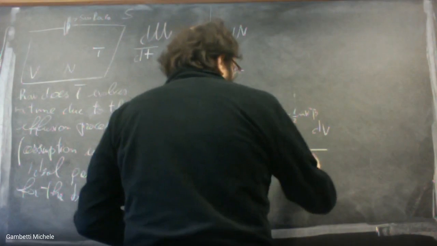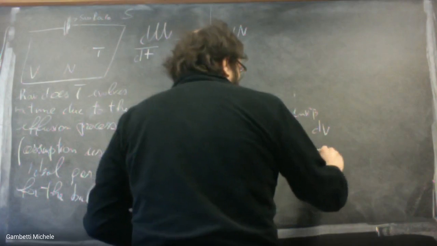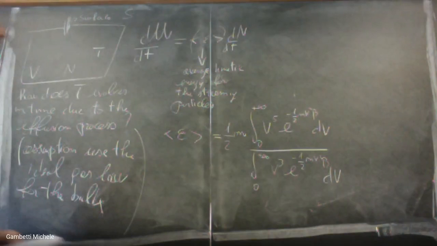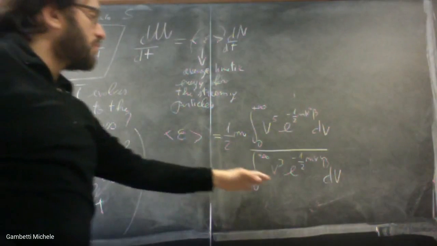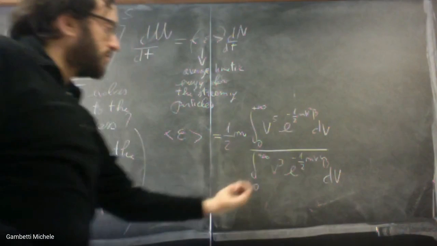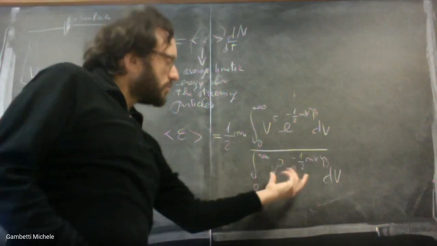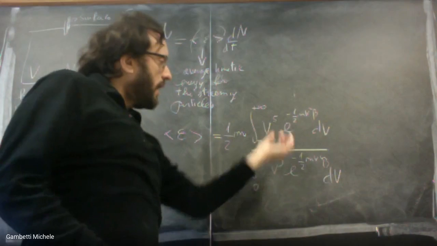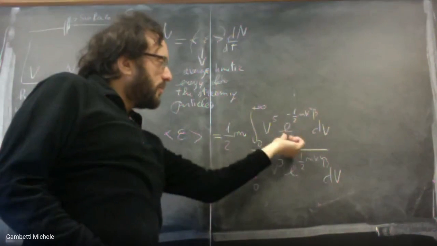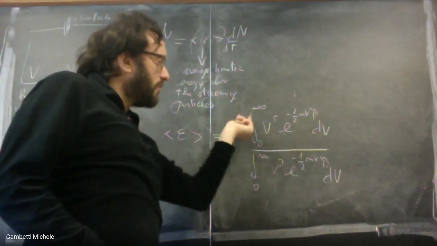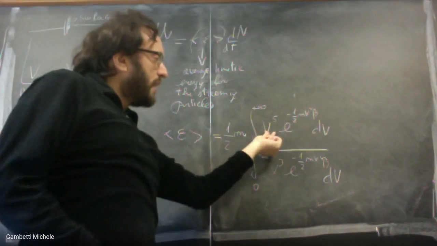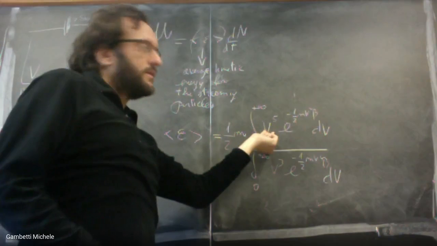But the idea, of course, is that in this way it's clear what the structure is. This is the probability distribution times a normalization that cancels, and the quantity that I want to average, which is v squared in this case.